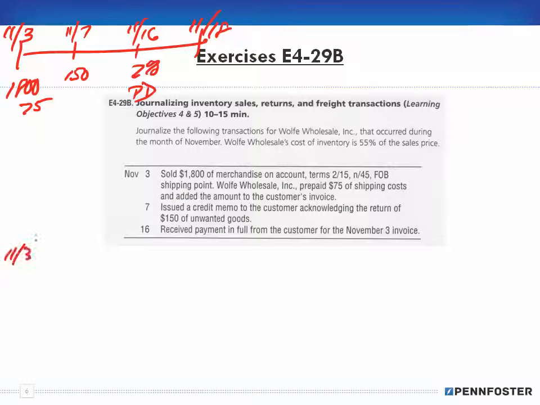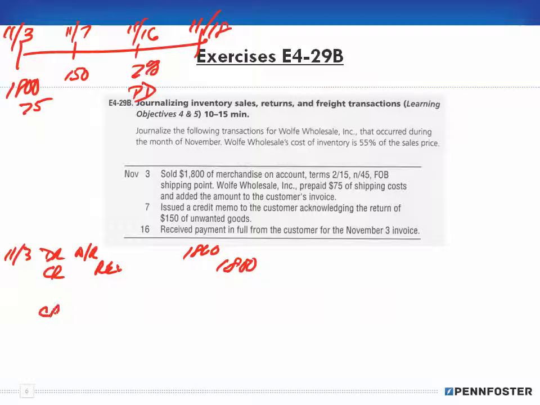On November 3rd, we're selling merchandise on account, so we're debiting accounts receivable for the $1,800. Notice I didn't go through the explanation there of why it's an accounts receivable. Watch the previous exercises. We're going to credit our sales revenue for $1,800. Because we're making a sale of something that's in inventory, we have to remove it from inventory.